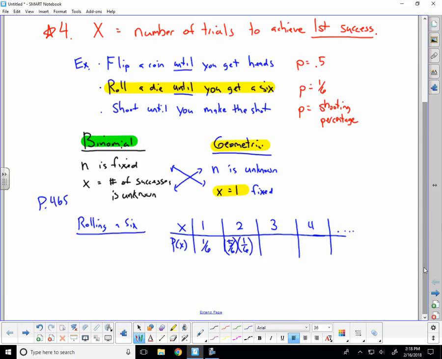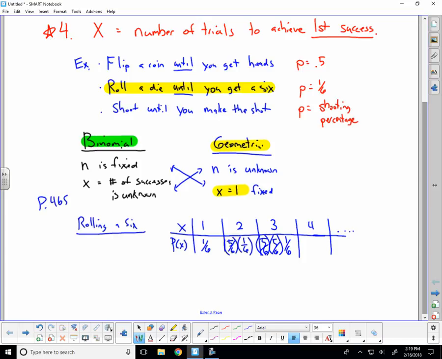So if it's going to happen on the third roll, we're going to get a 6 on the third roll. That means what happened the first 2 rolls? Something else. And what's the probability that it's something else? Well, 5 out of 6 times it's going to be something else, times 5 out of 6, and then 1 out of 6.